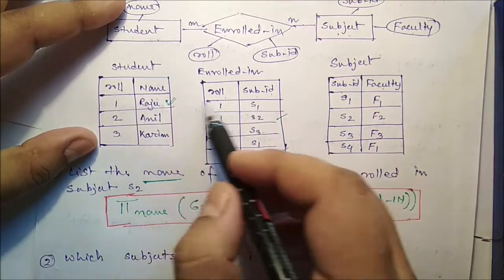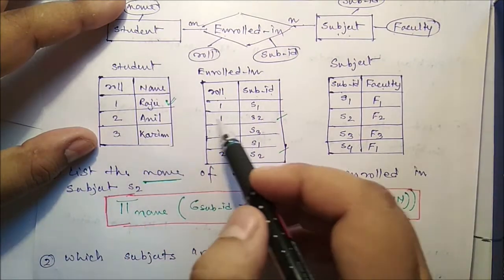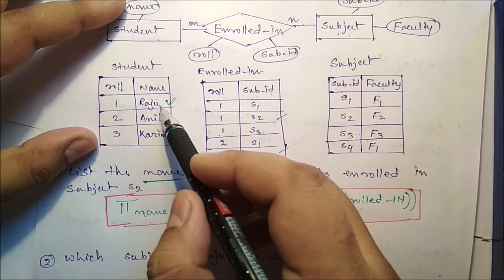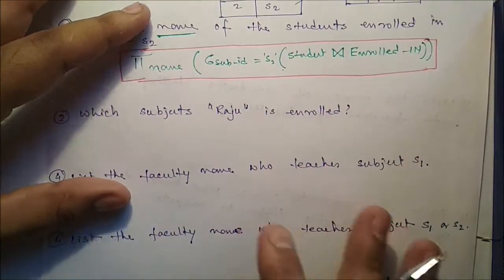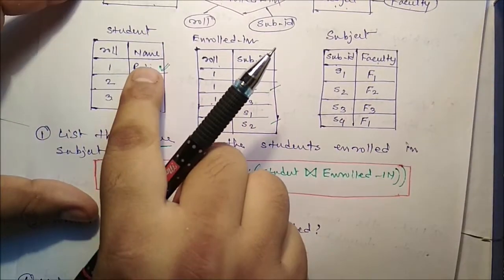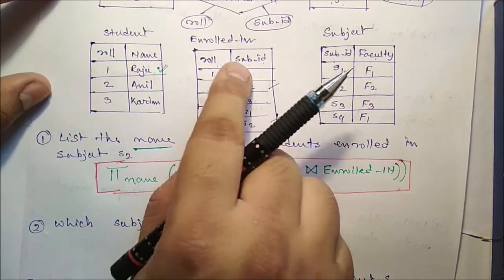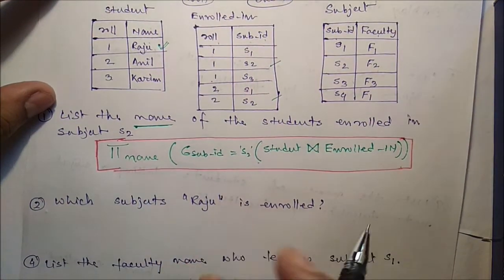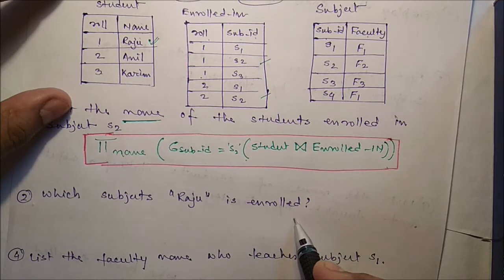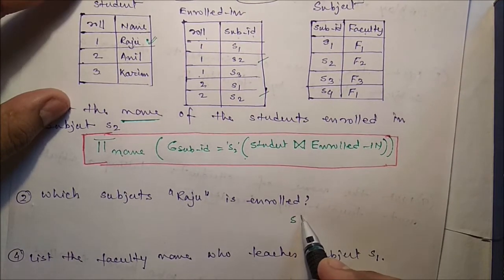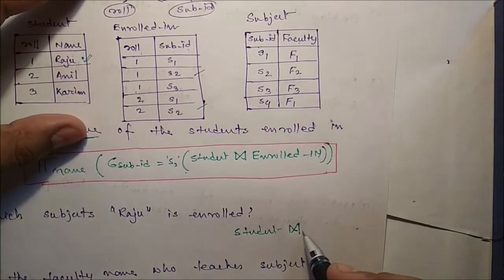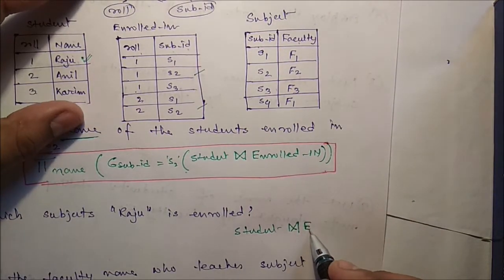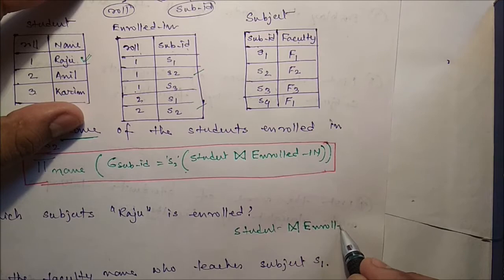So once again we have to merge these two tables to know the subject ID of Raju. First we apply the natural join between student and enrolled in.